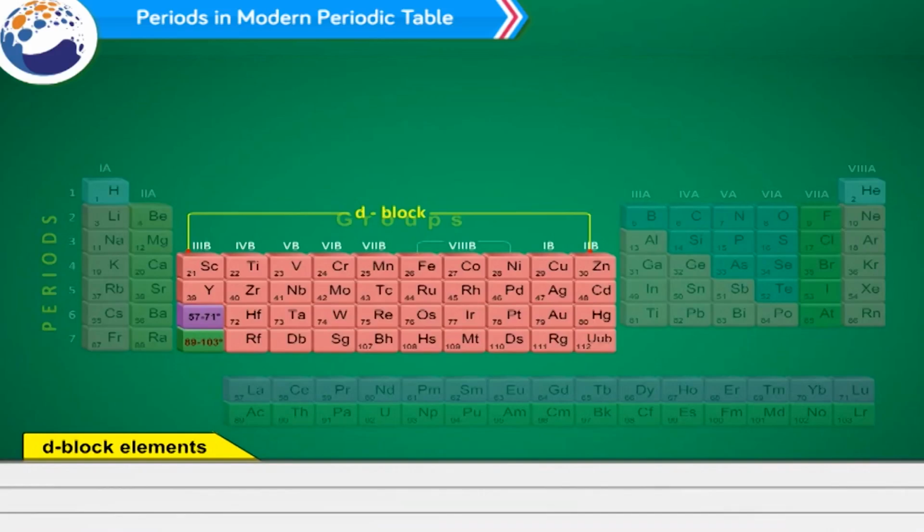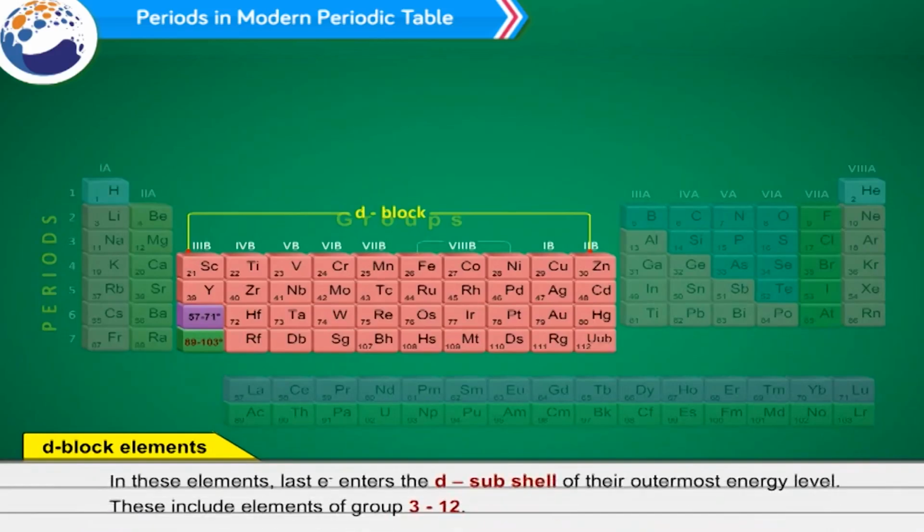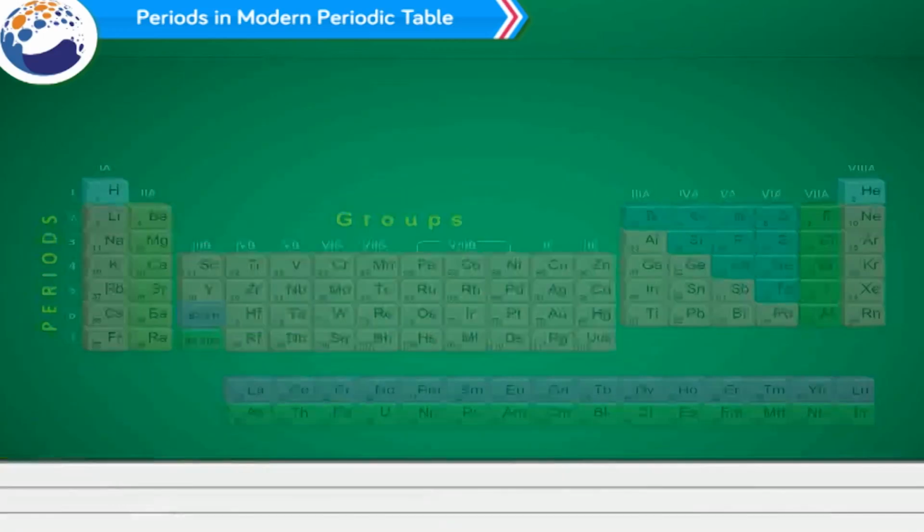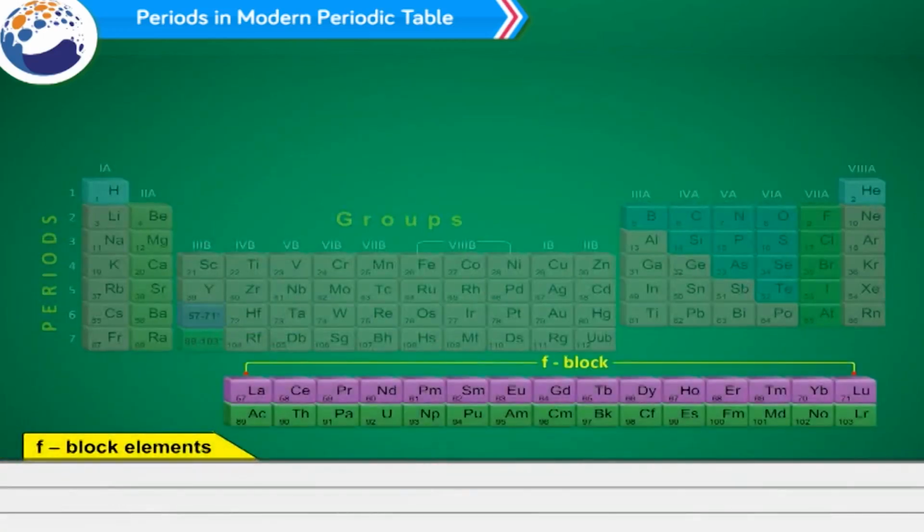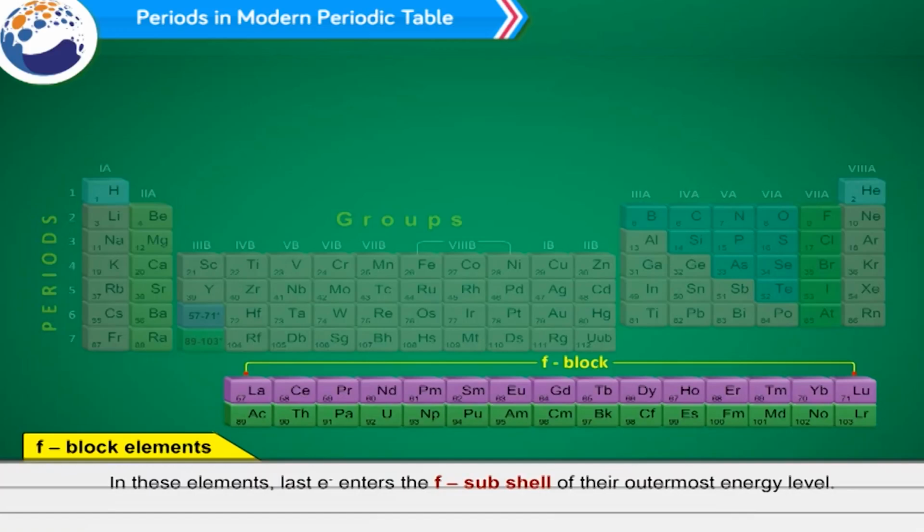D block elements. In these elements, the last electron enters the d subshell of their outermost energy level. These include elements of groups 3 to 12. F block elements. In these elements, the last electron enters the f subshell of their outermost energy level.